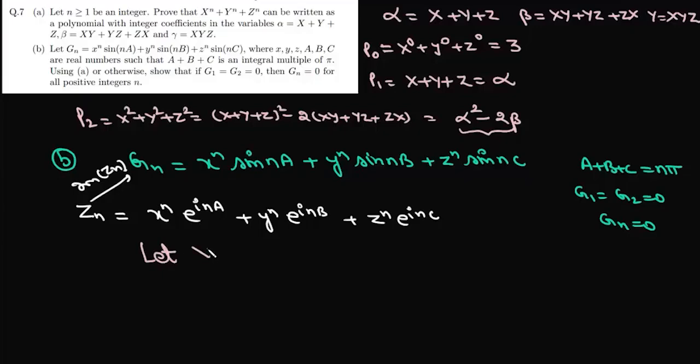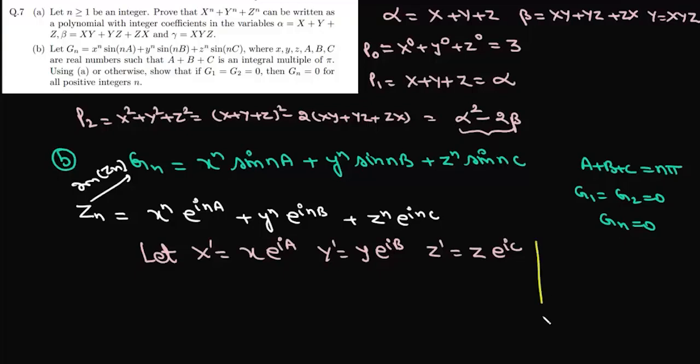So here what we're going to do is let three separate variables. Let x dash be x e to the power iota a, y dash be y e to the power iota b, and z dash be z e to the power iota c.